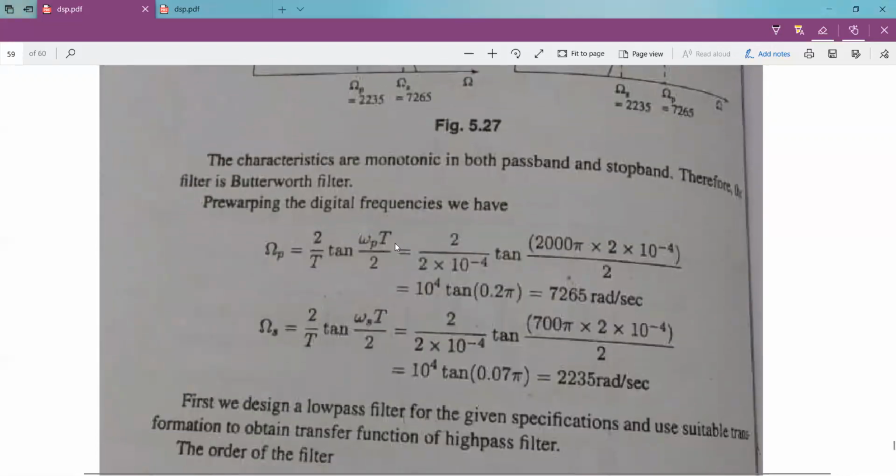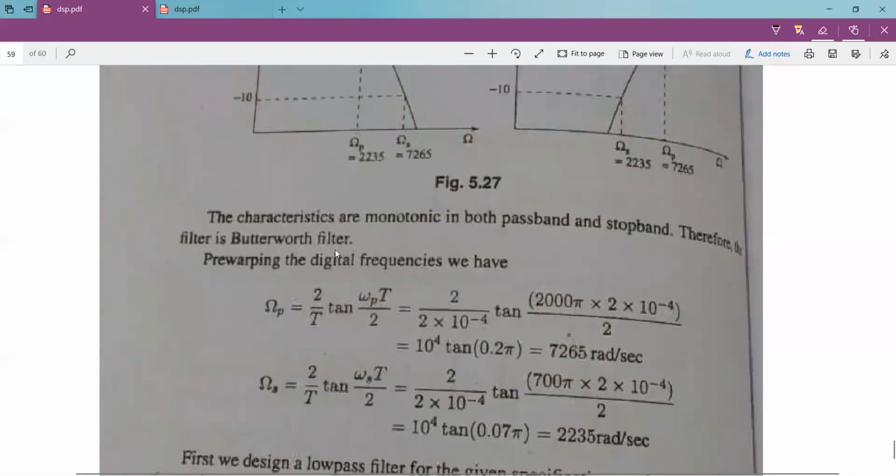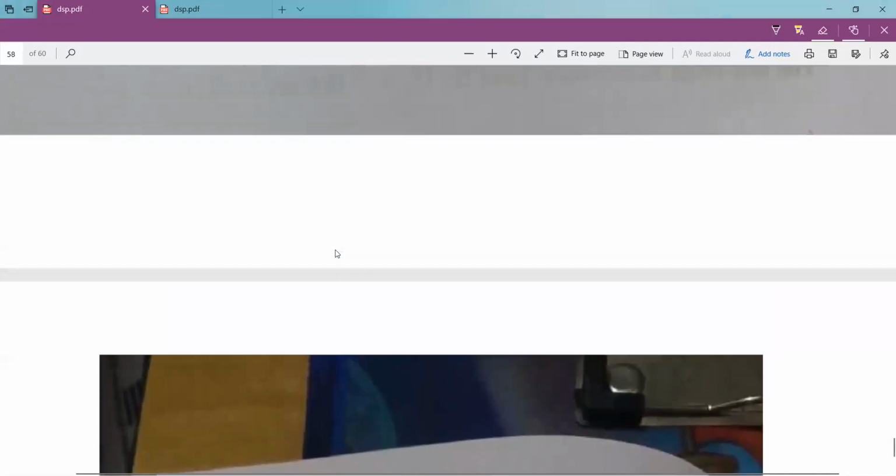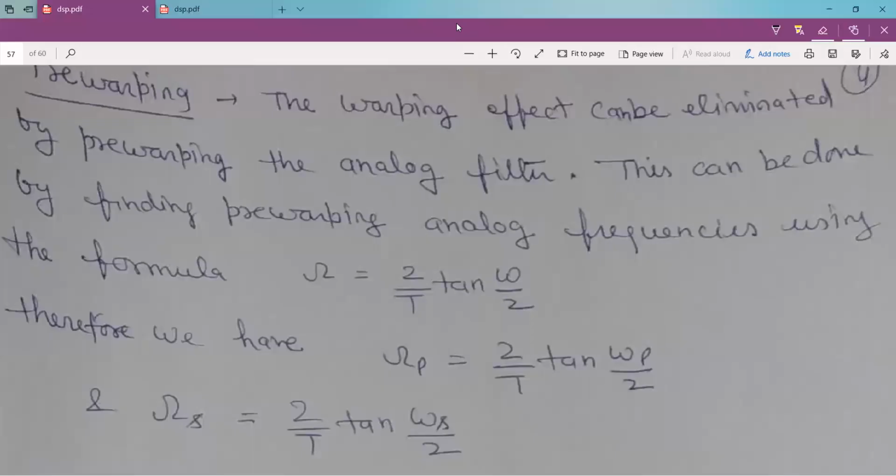So first you have to find out the pre-warping frequency for the passband and stopband. It will be 2/T tan from the initial relationship. Here T will not be there. So this is wrong in this particular case, because as we have seen, omega is equal to 2/T tan(omega/2), not omega T by 2.